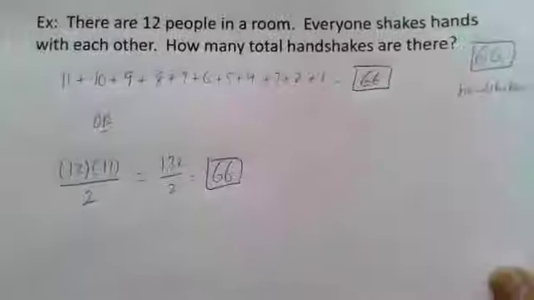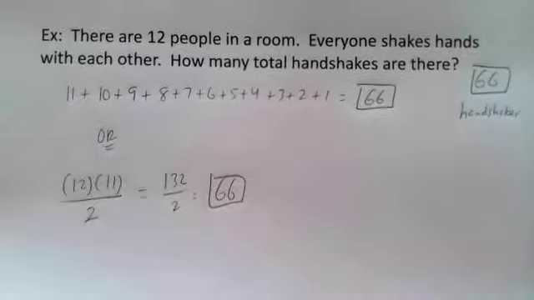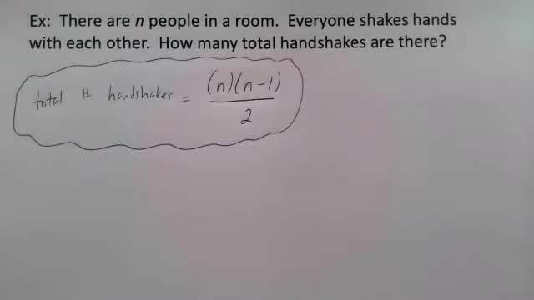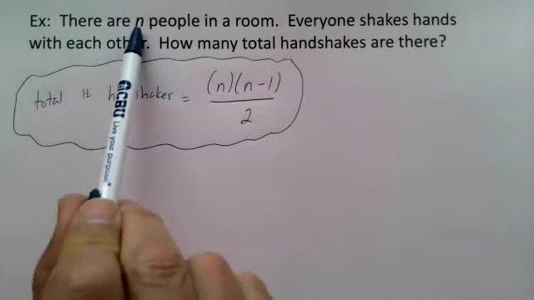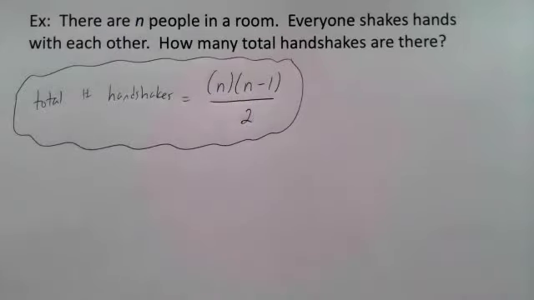We were able to do it for 12, and it was the number of people in the room times 1 less divided by 2. So using our inductive reasoning, that should continue for any amount of people in the room. If there are n people in a room, we should take the number of people in the room times 1 less divided by 2. And now we have a formula.